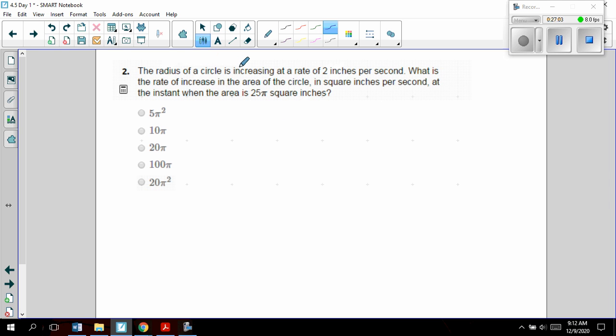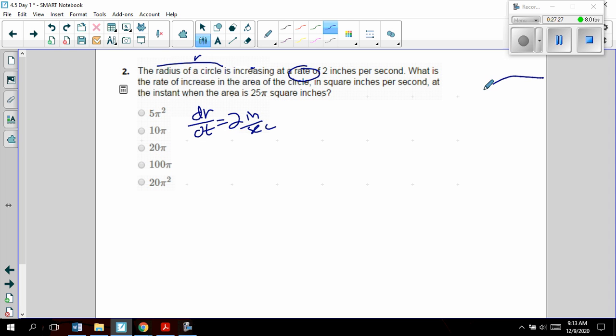All right, it says the radius of a circle is increasing at a rate of 2 inches per second. So radius of a circle, I'm going to use r. It's telling me the rate, which means dr/dt is 2 inches per second. And since it's increasing, I'm going to leave it positive. Okay, what is the rate of increase of the area?